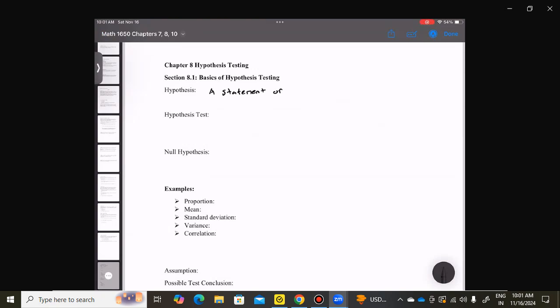or assumption about a population parameter, or a relationship among variables.